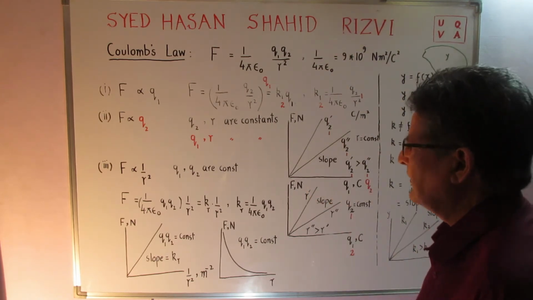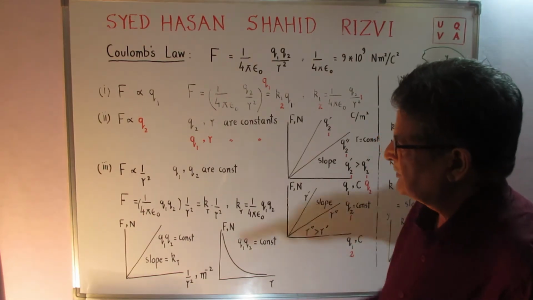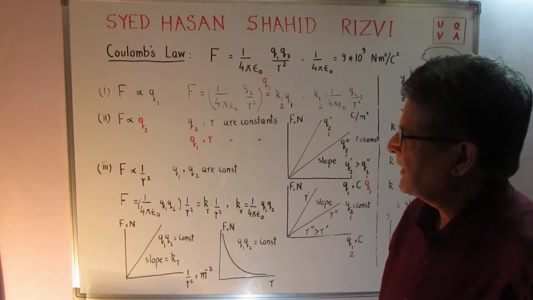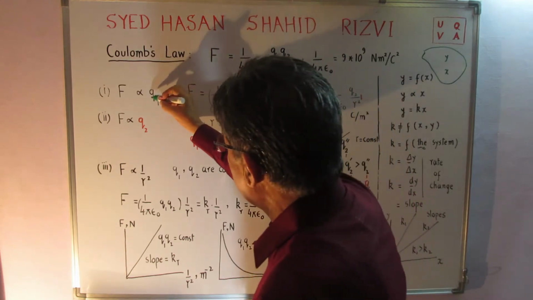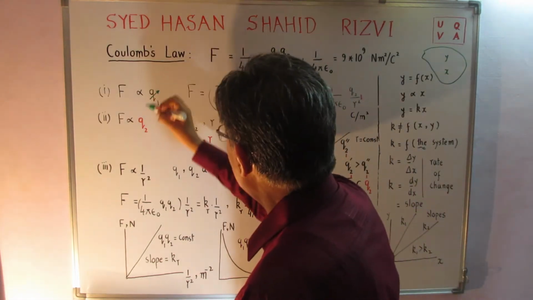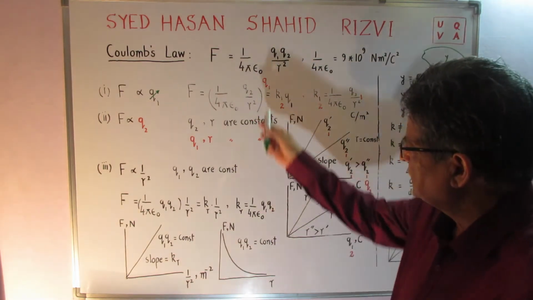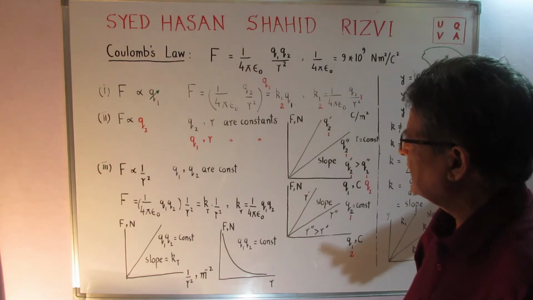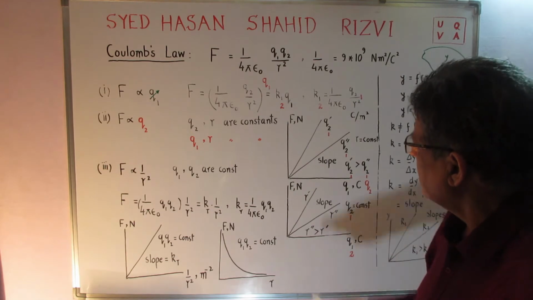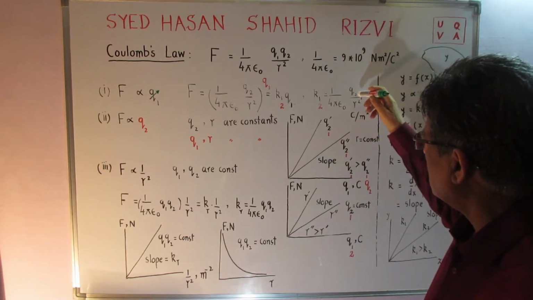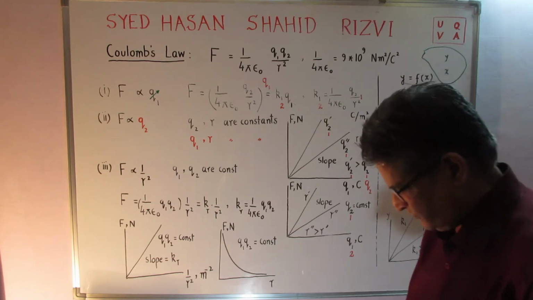So this is equal to K1 into Q1. In the first instance, Coulomb takes Q1 as a variable, and takes Q2 and R to be constants. So this whole thing within the bracket becomes a constant, which I say is equal to K1, and K1 is equal to 1 upon 4 pi epsilon naught Q2 upon R square.